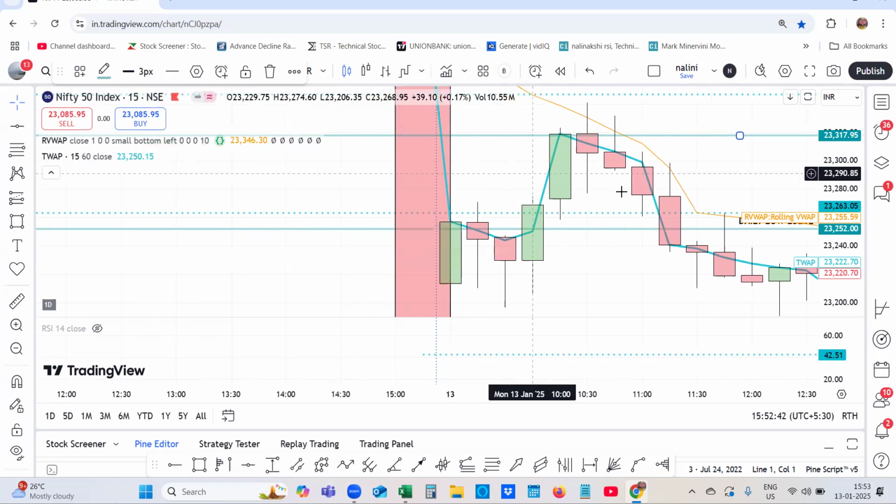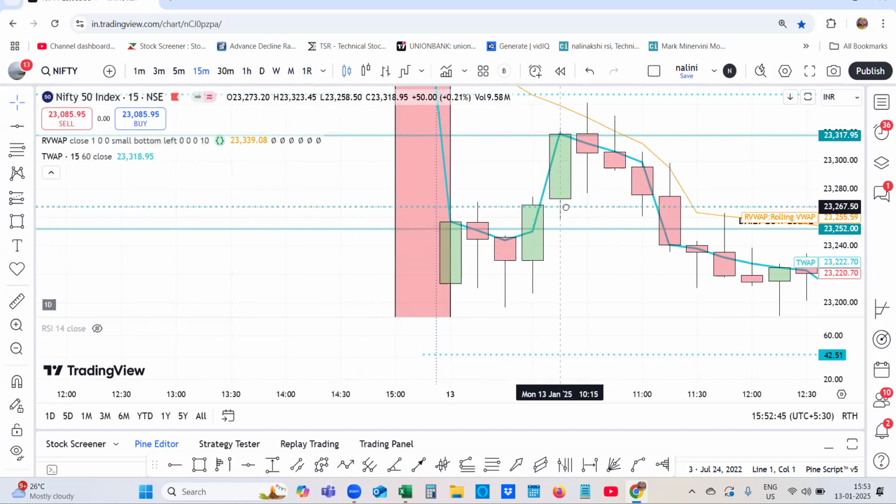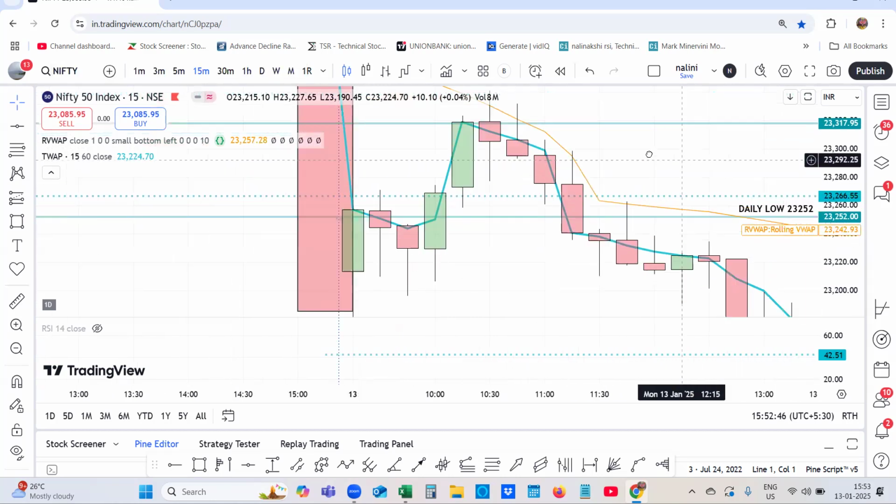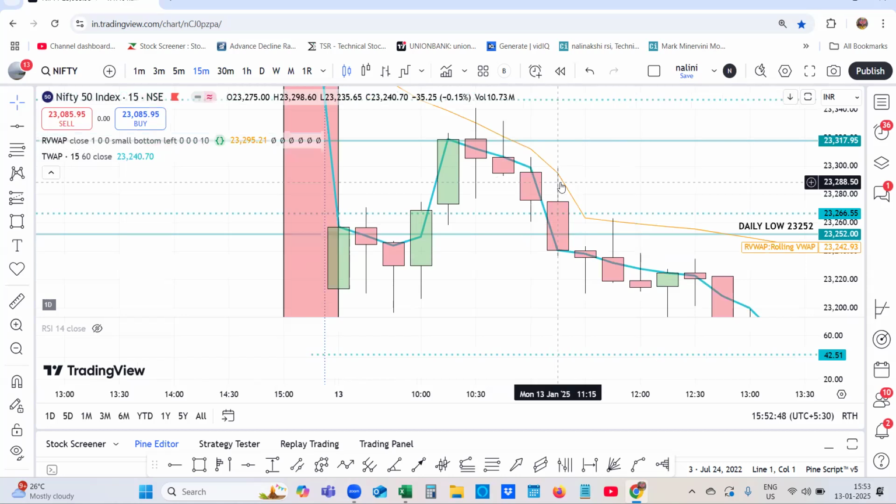Then it is a confirmation, you could have gone for a put option, an at-the-money put option. If you would have selected 23,350, I'll show you how that also showed the strength, how you can make out.